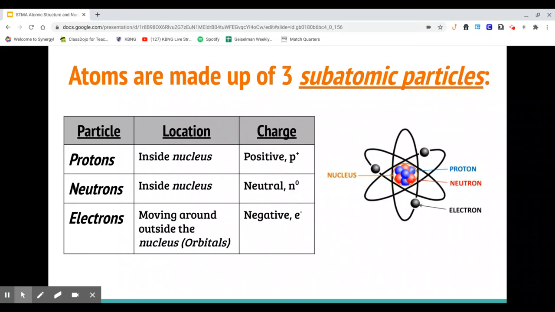They match up really well together. So if we have one proton and one electron, they cancel each other out. Positive plus a negative, right? That's going to give us neutral. So if we have as many protons as electrons, that's going to give us a neutral atom.